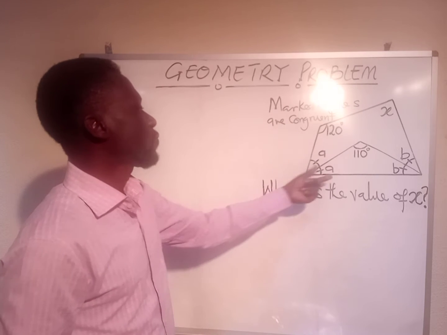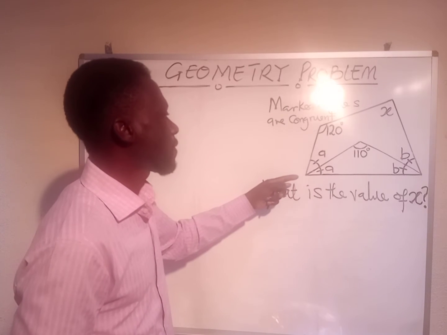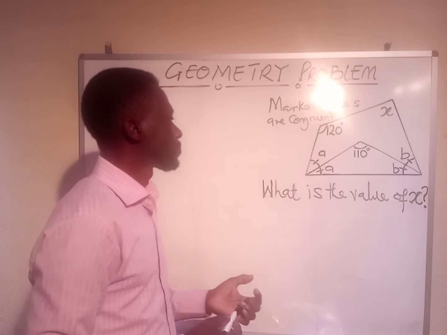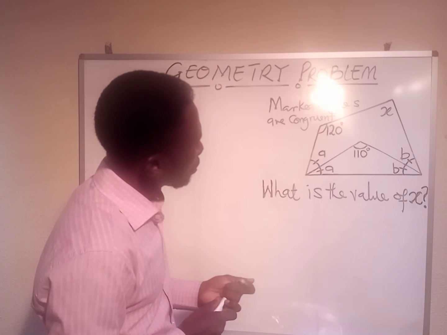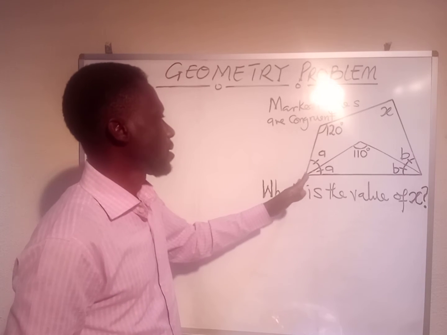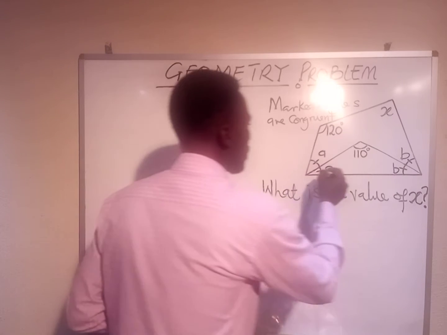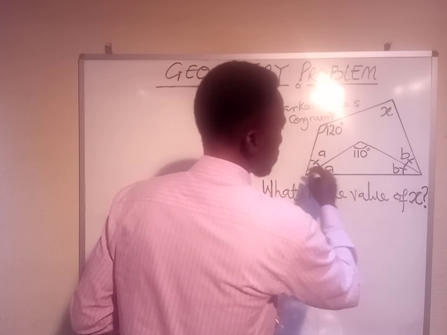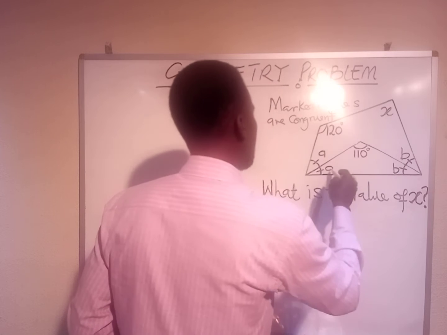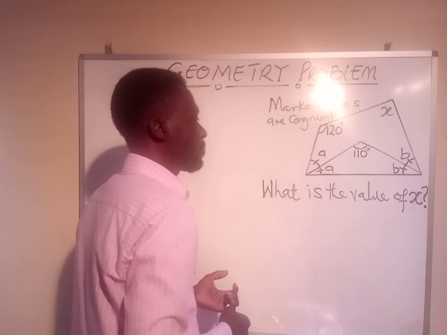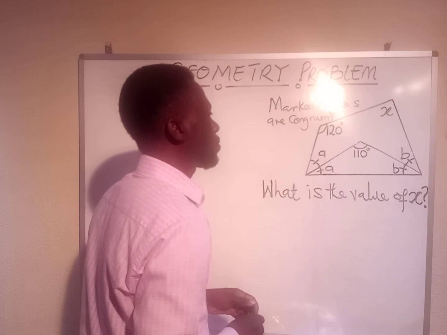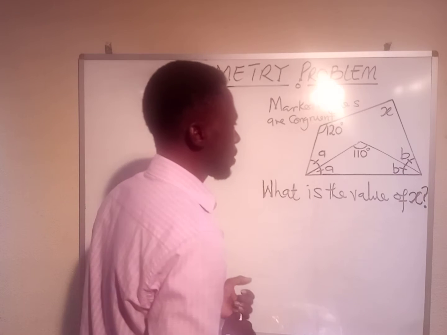So if we know the value of A, which is here we have A plus B. So if we know the value of A and B, then we will be able to solve this problem.